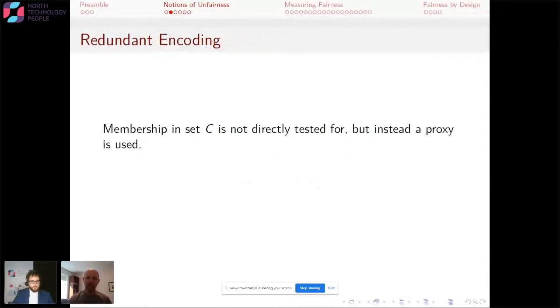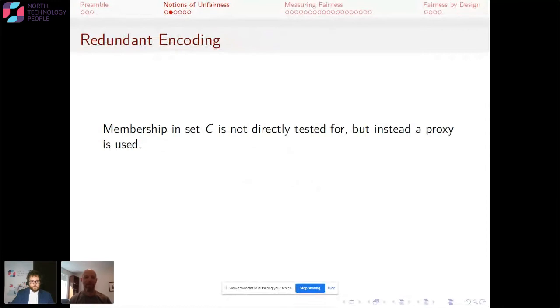Now, by extension, if we just focus on salary and remove the gender information, we're not directly testing for the protected group, but we're still essentially testing for it indirectly using a proxy. You'll see this often in credit cards. By looking at transactions, you can often tell the difference between men and women, and banks have gotten into some hot water.